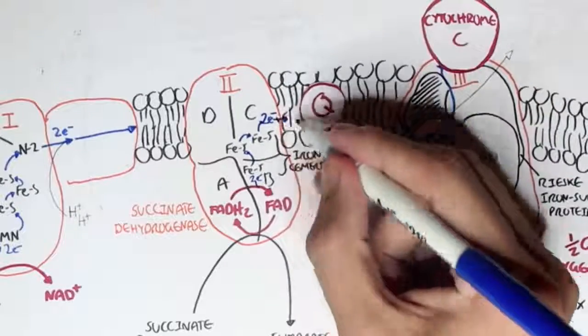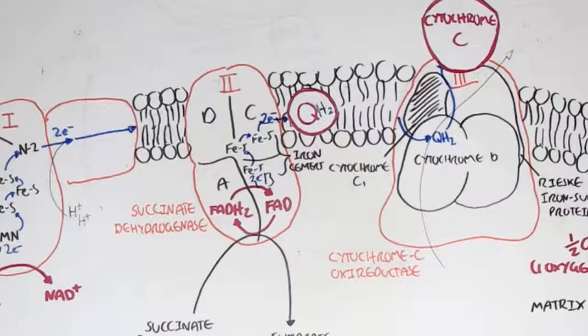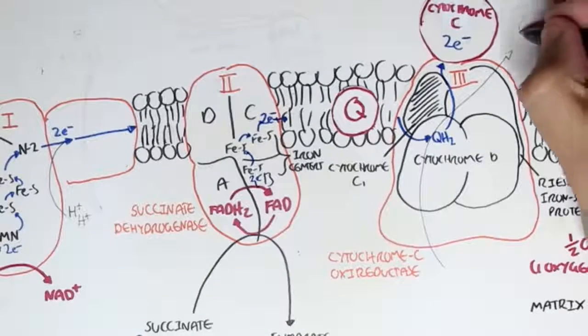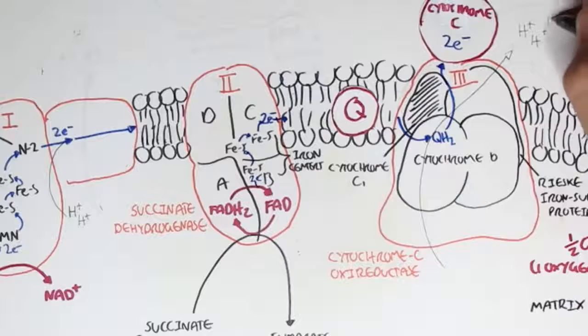So the 2 electrons will go to ubiquinone, and ubiquinone will turn to ubiquinol. Now ubiquinol will then travel to complex 3, cytochrome c oxidoreductase, where it will pass on the electrons to cytochrome c.